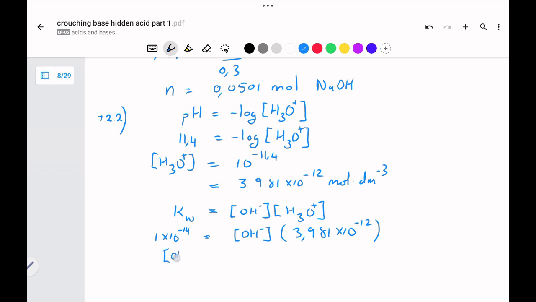So the OH minus ion concentration is, okay, there we go.